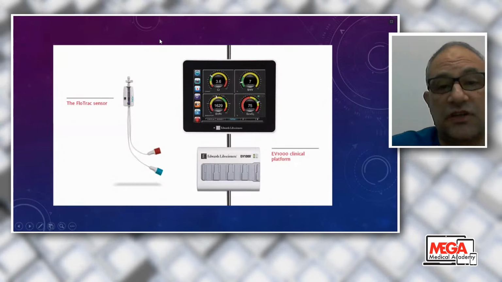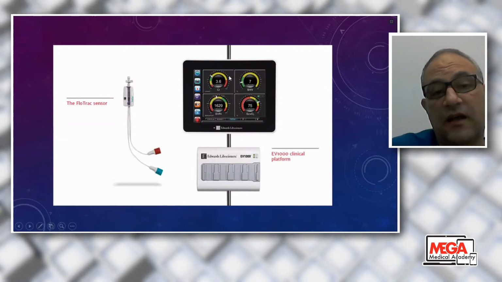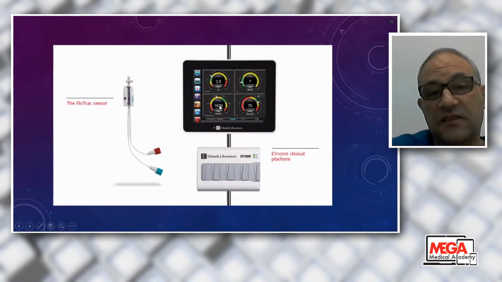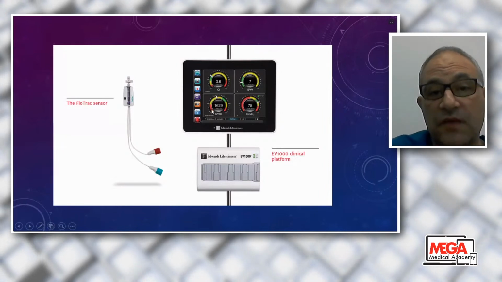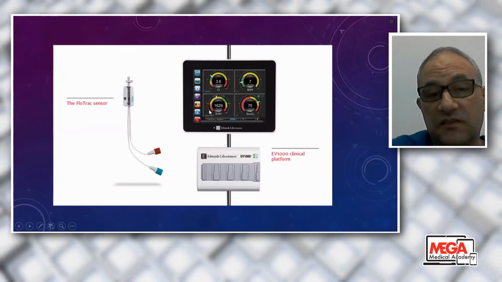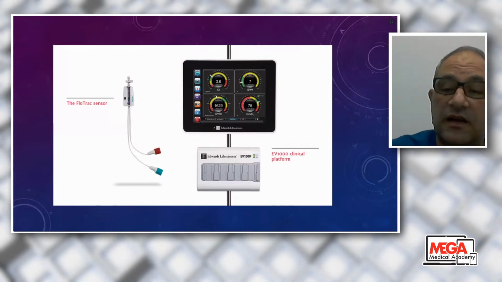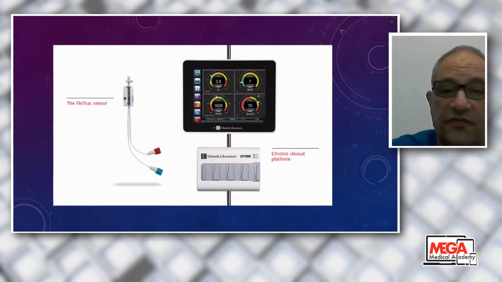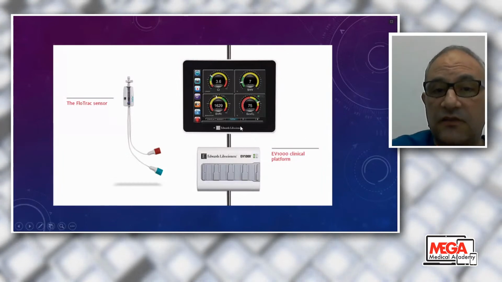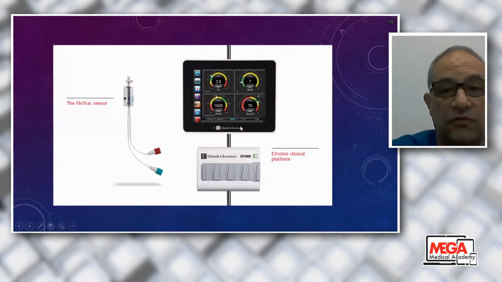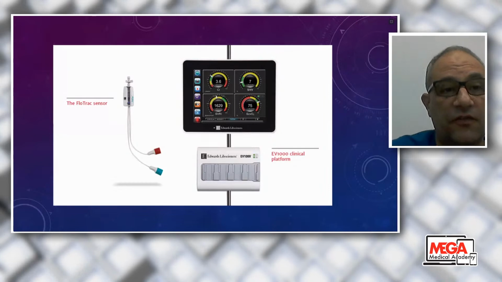Here's a demonstration of what FloTrac can give you: cardiac output and cardiac index, stroke volume and stroke volume variation, systemic vascular resistance and systemic vascular resistance index. And in some types you can put a fiber optic filament to detect the central venous oxygen saturation, which adds to the hemodynamic data of the FloTrac.